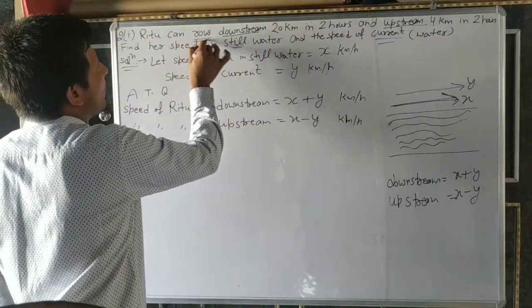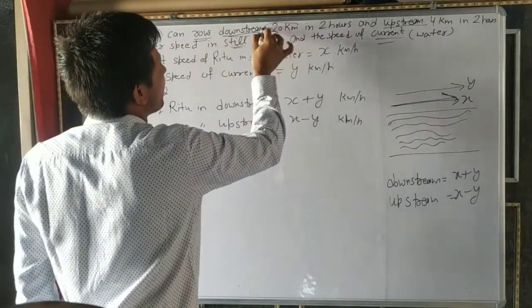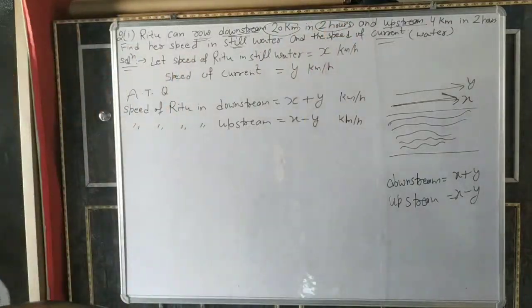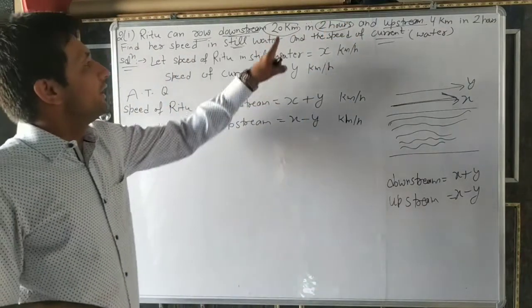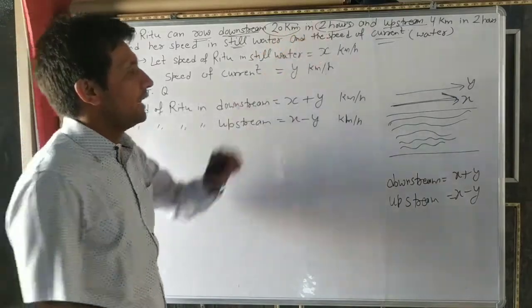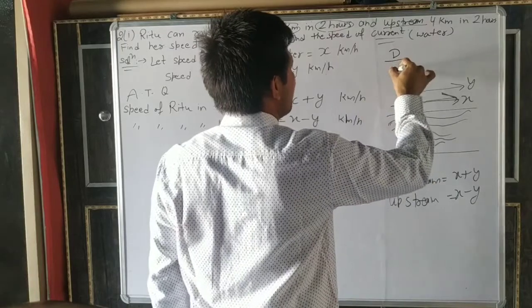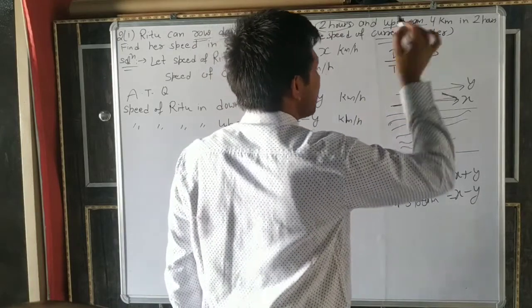Ritu can row 20 kilometer downstream in 2 hours. So always remember, distance divided by time is always speed.